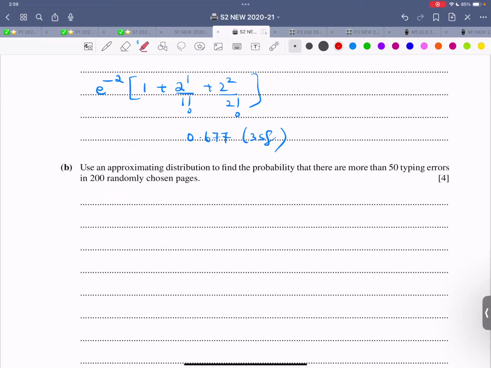The second part. Use an approximating distribution to find the probability that there are more than 50 typing errors in 200 randomly chosen pages. So now what will you do? You will take 200 and multiply it with 0.2. That comes out to be 40. X follows a Poisson distribution with 40.